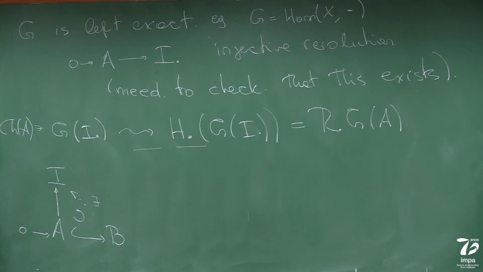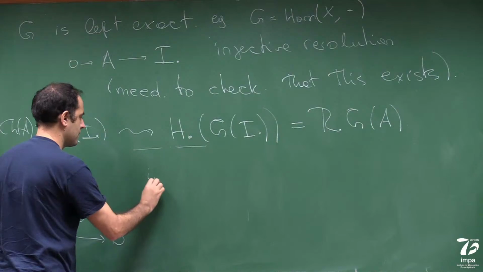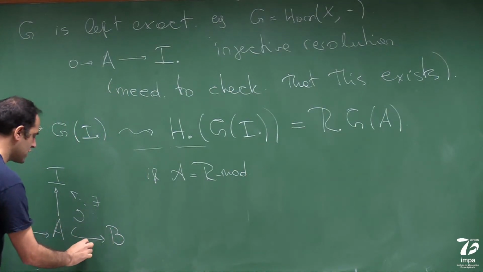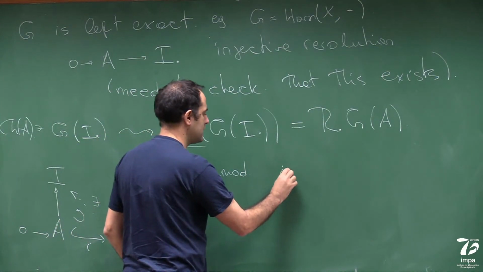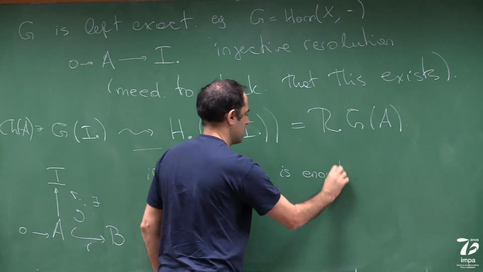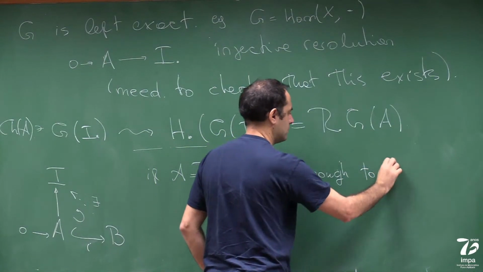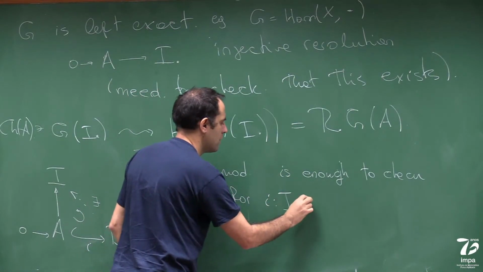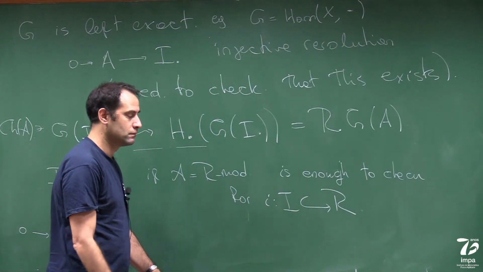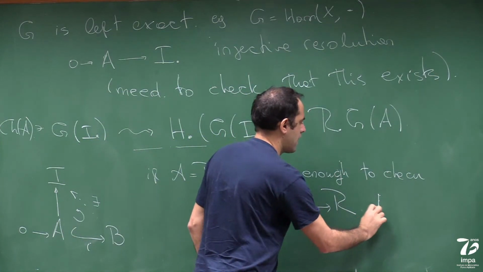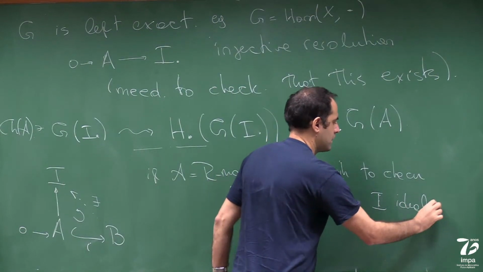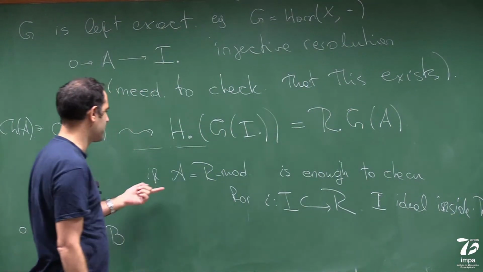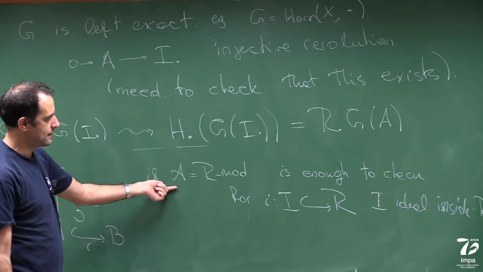And recall that if the category is the category of R-modules, then this injection I is enough to check for I being the inclusion of an ideal inside of the ring R. If this is a category of left modules, then this should be a left ideal.